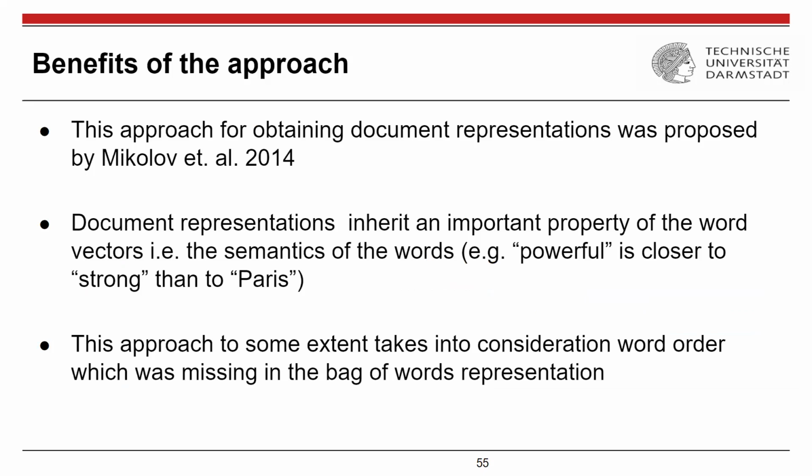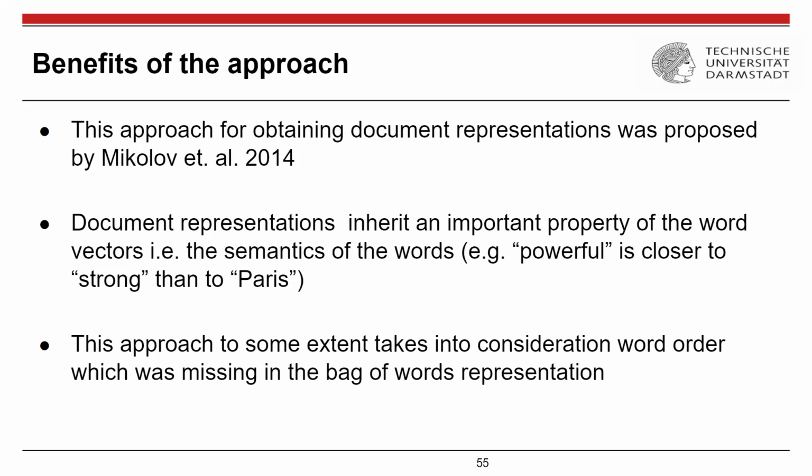The important part of this document representation is that, as in the case of word embeddings, where we want words like strong and powerful to be close, and Paris and Delhi to be close, but with distance between the unrelated ones, this constraint is also satisfied for sentences by this approach.